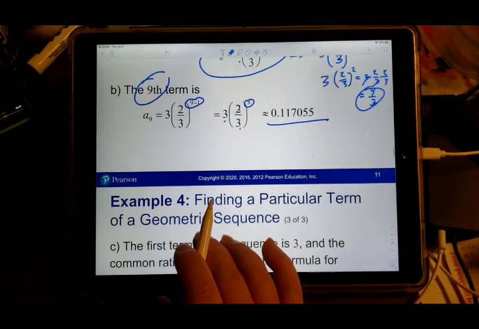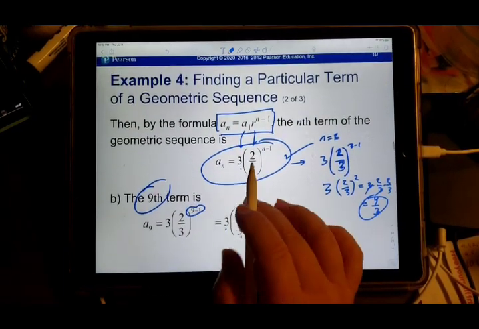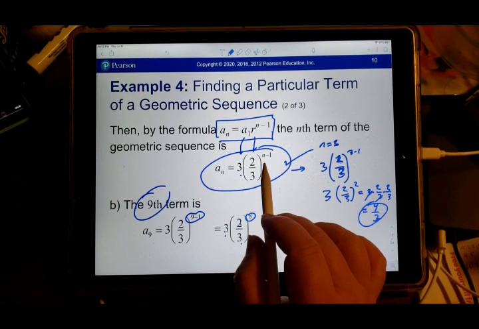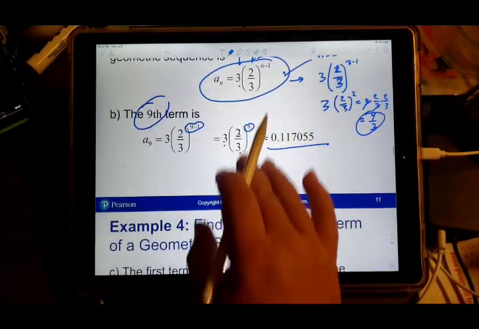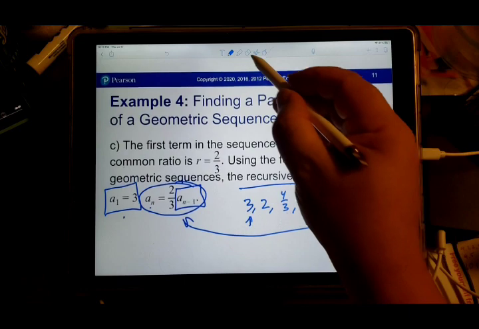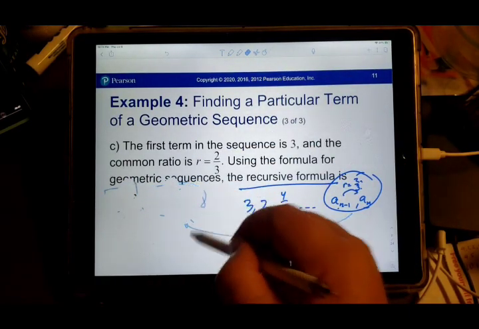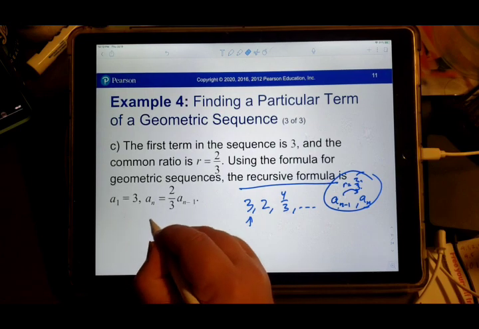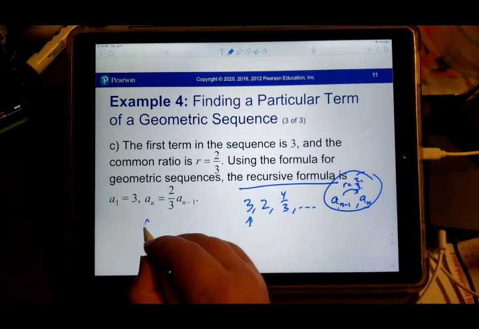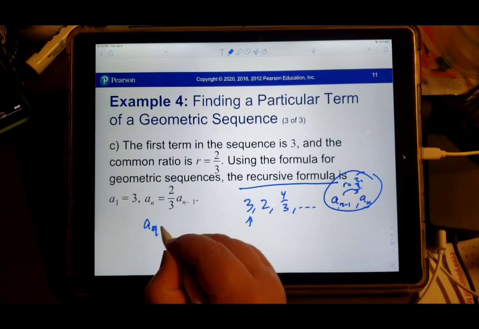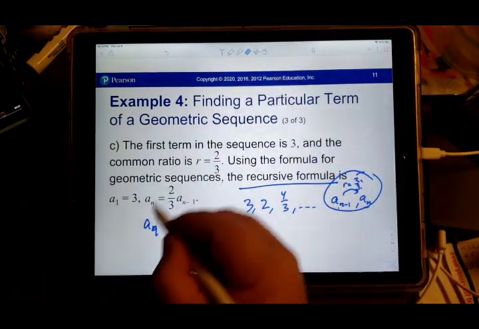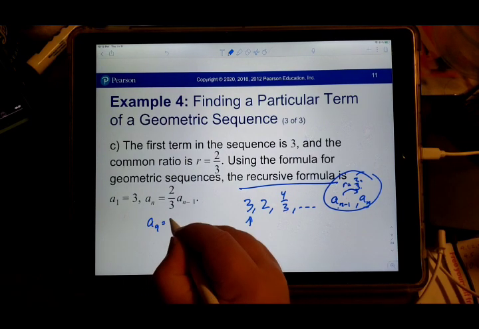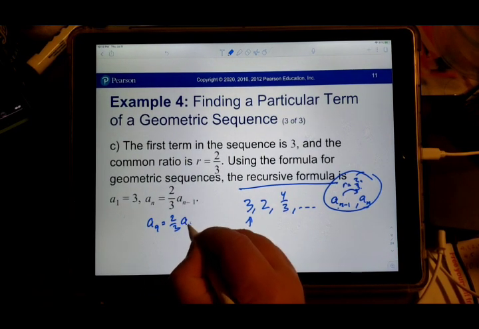Now remember, we already did something better than that. This was finding a sub n based on n. If you don't understand how that's better, imagine using this recursive formula to find the 9th term. Well, the 9th term, a sub 9, is 2/3 times a sub 8.